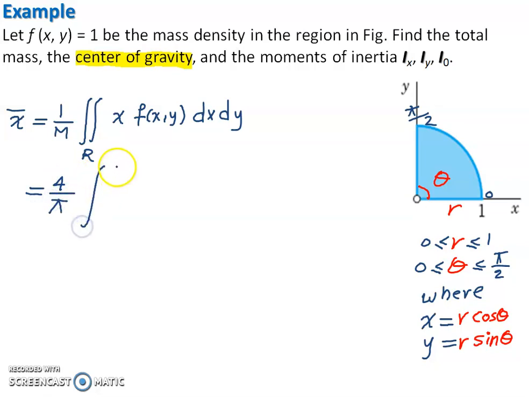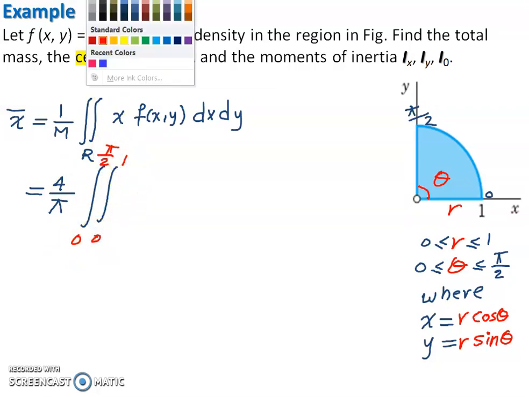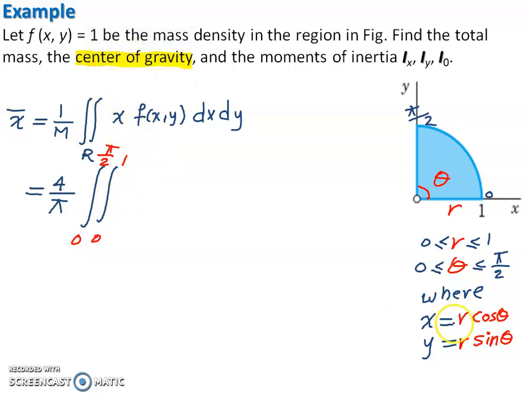And for the double integral, we will use the polar coordinates r and theta. Theta is from 0 to pi over 2 and r is from 0 to 1. We have to change every x to r cosine theta and every y to r sine theta, and this function is equal to 1, so we substitute 1.